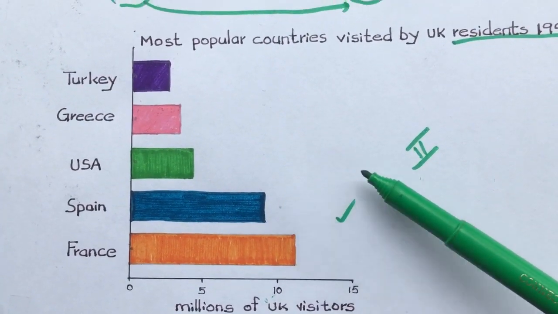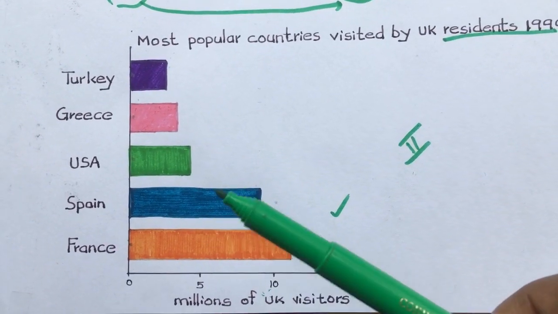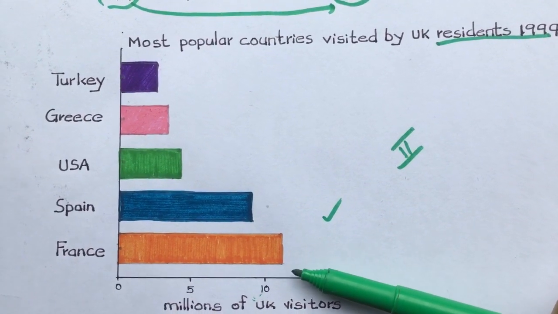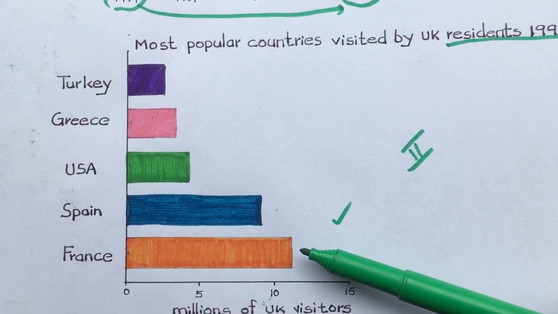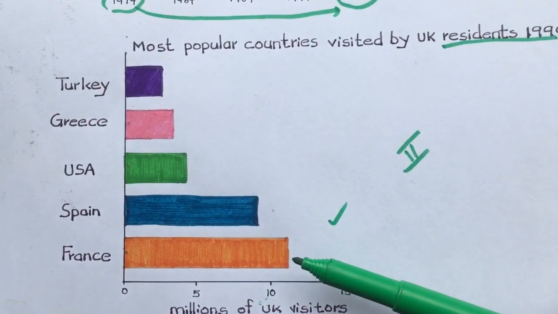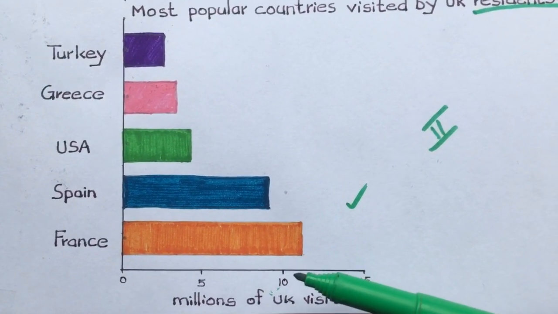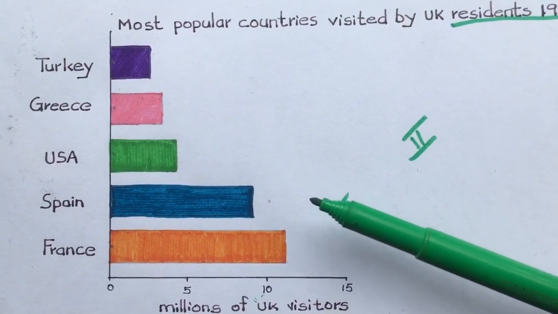So what is there? By far the most popular country to visit was France, at approximately 11 million visitors. Okay, around 11 million. When you use around, even if you are not sure about your approximation, or even if you are not sure about your numbers, you can use around 11 million, followed by Spain.